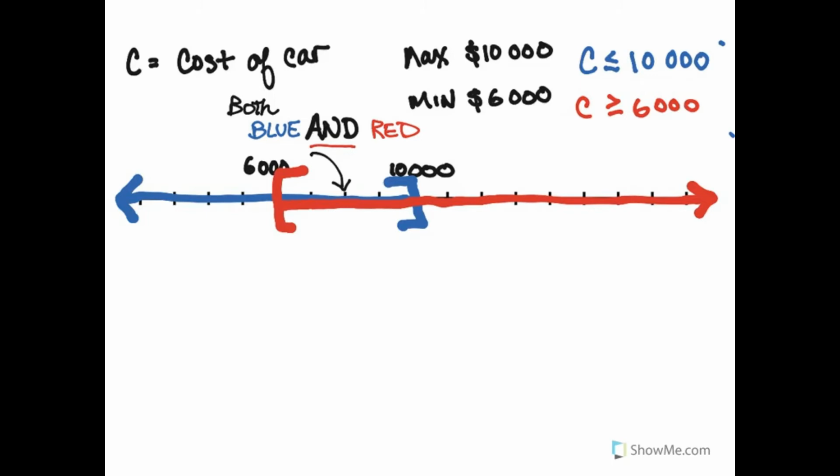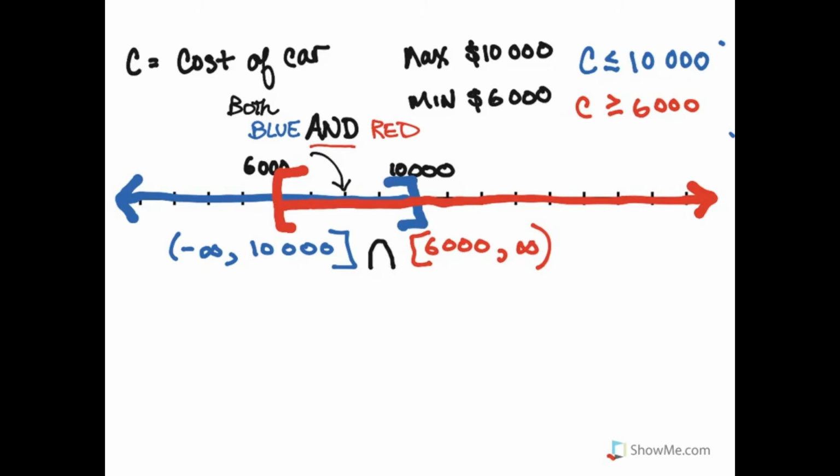To write this in interval notation, we write the blue interval and the red interval, and we connect them with the intersection operator, which is the same as AND in this case. The intersection of those two intervals is places where they are both true. And so that's the interval that we have between 6,000, including 6,000, up to 10,000, including 10,000.